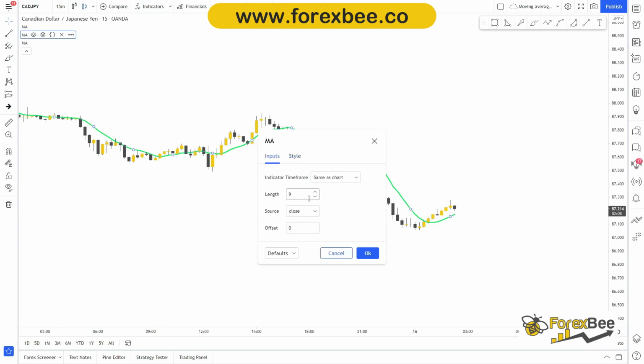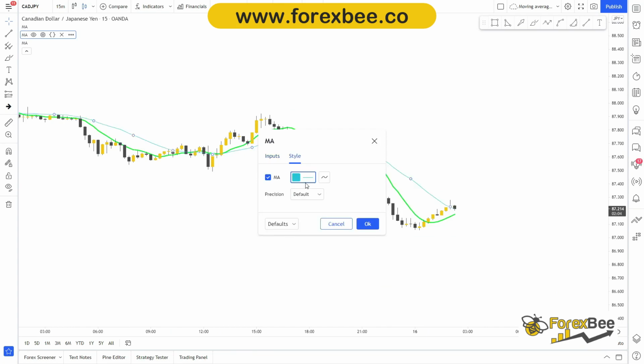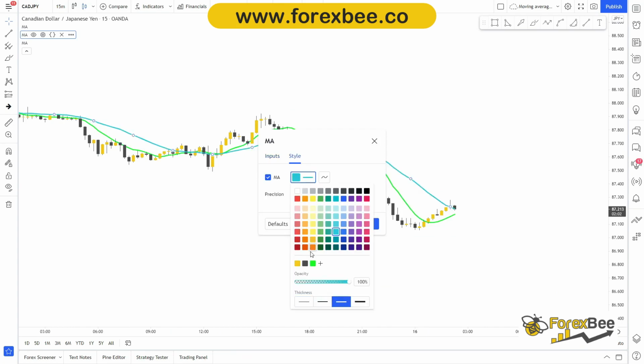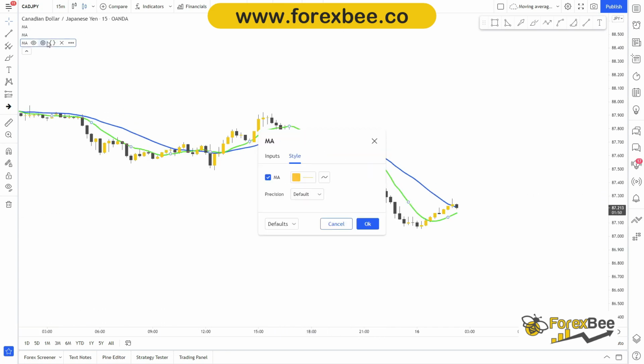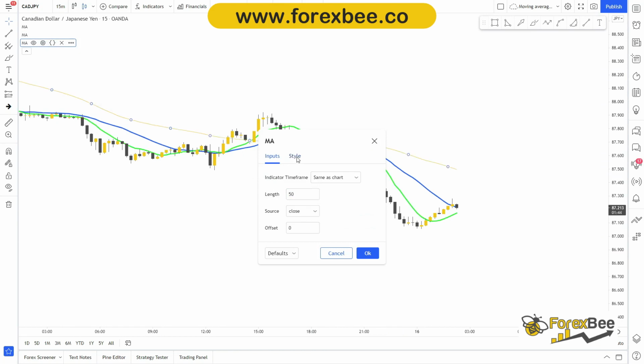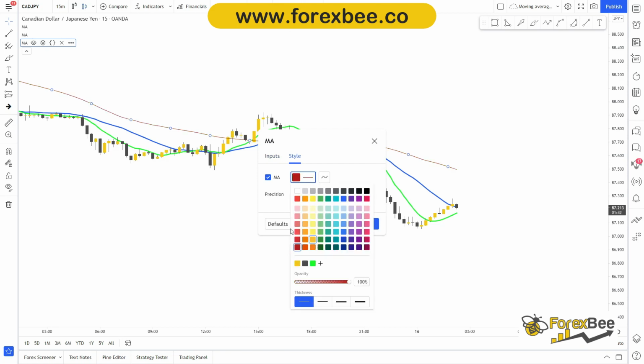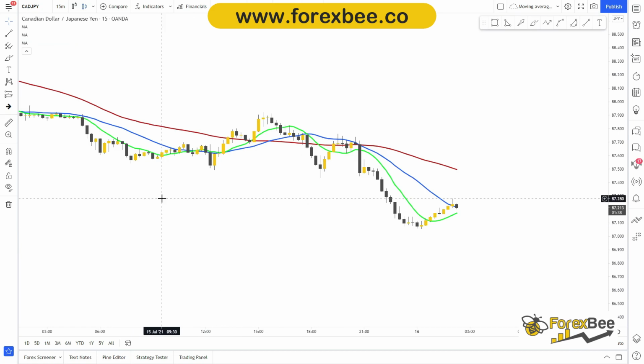Let me change this to 21, and let me change its thickness and color, change this to blue, and I'm going to change this to 50, and I'm going to put this as a red and also change the thickness.